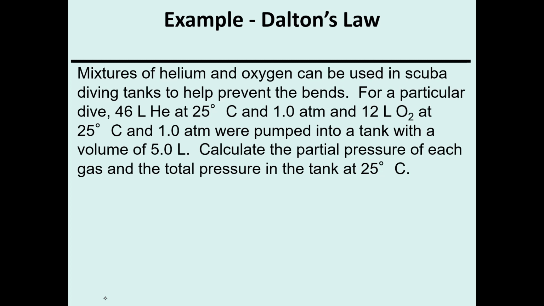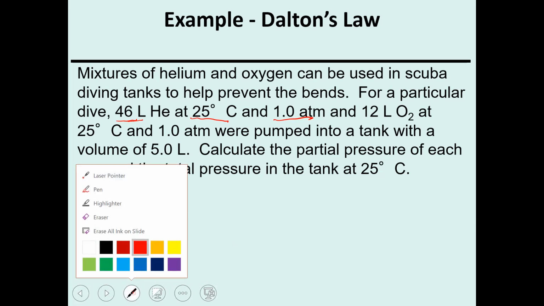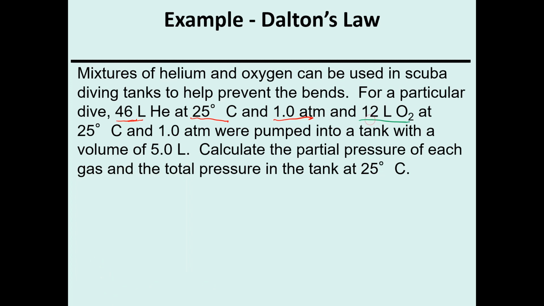So we're given two separate gases here: helium and oxygen. At first we've got 46 liters of the helium at the given temperature and pressure, and we've got 12 liters of the oxygen at the given temperature and pressure.